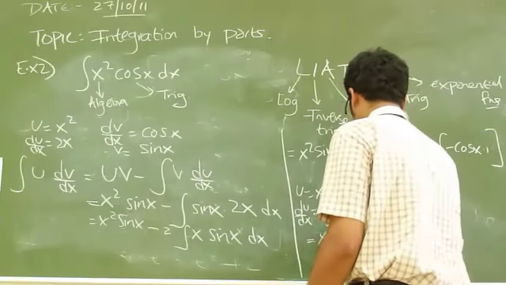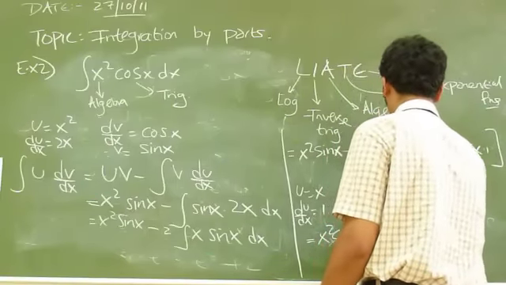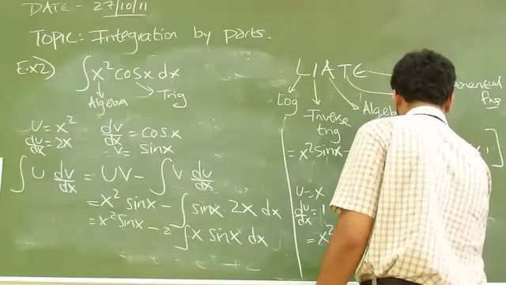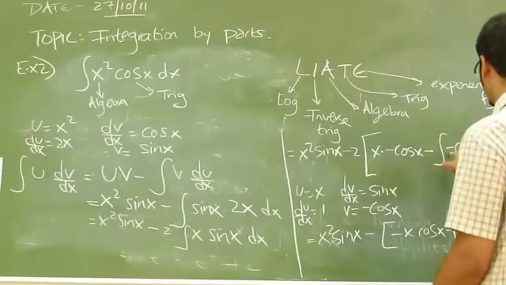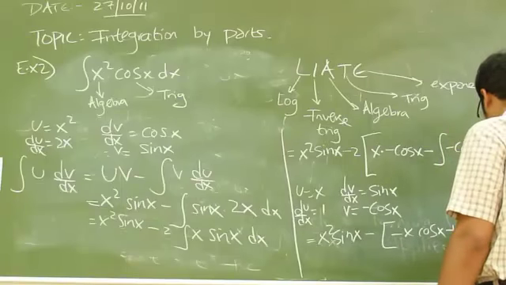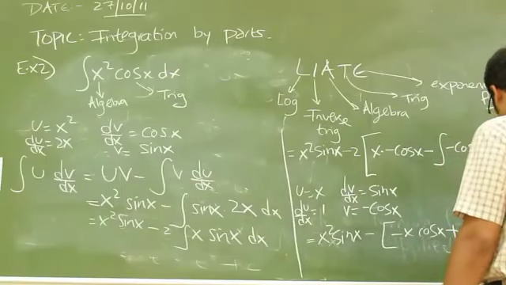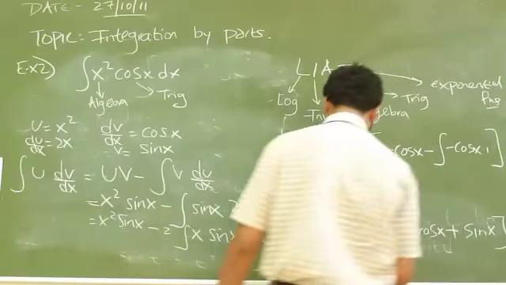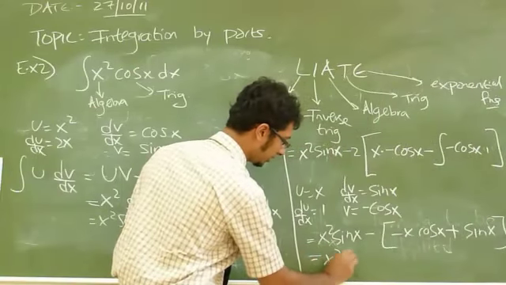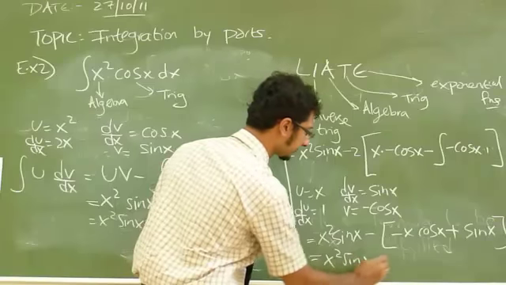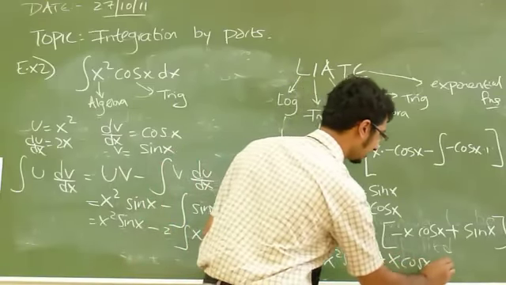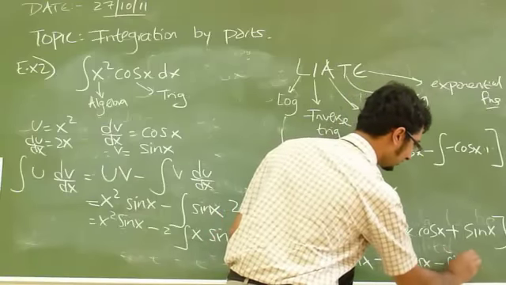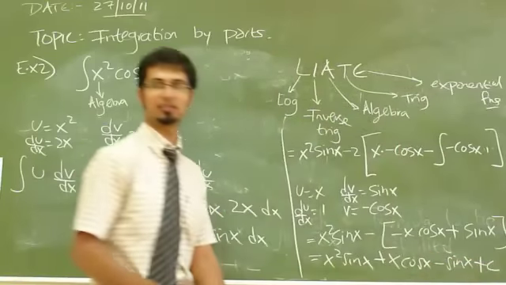Continue: x squared sin x minus 2 times, x cos x with a minus, plus minus the integration of cos, which is simply sin. So sin x, plus c, you can write the plus c now. So x squared sin x plus 2x cos x minus 2 sin x plus c.